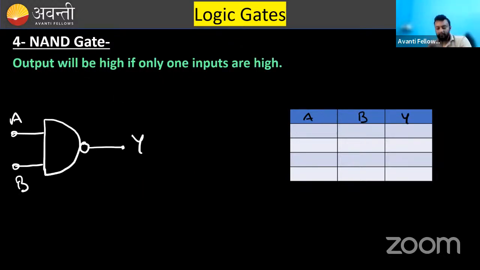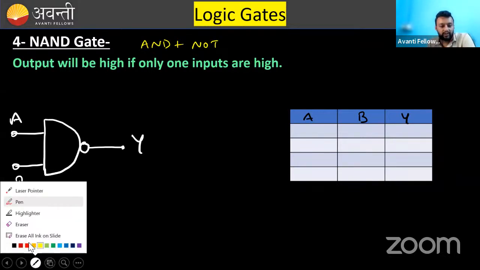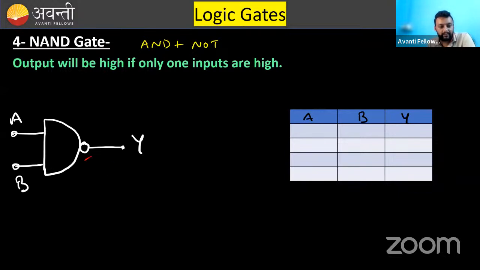Now there is a NAND gate. NAND gate is nothing but AND plus NOT gate. Now, if I tell you the truth table, you can see the symbol here. There is a symbol of NOT. This dot represents NOT, and this is AND. So AND plus NOT is called a NAND gate. Again, inputs are the same: 0 0, 0 1, 1 0, and 1 1. Clear?